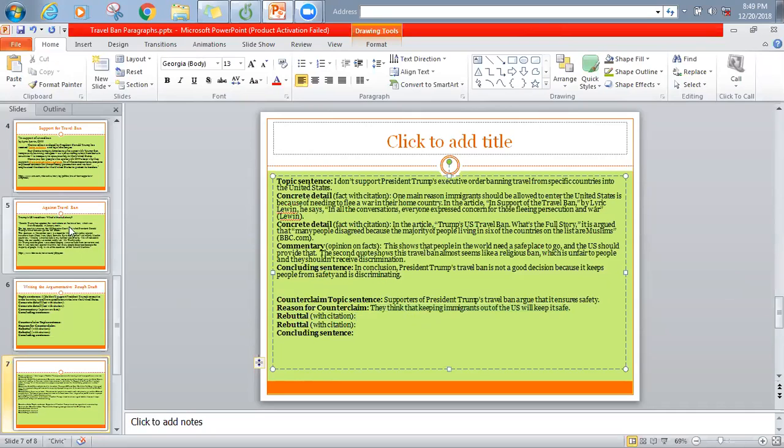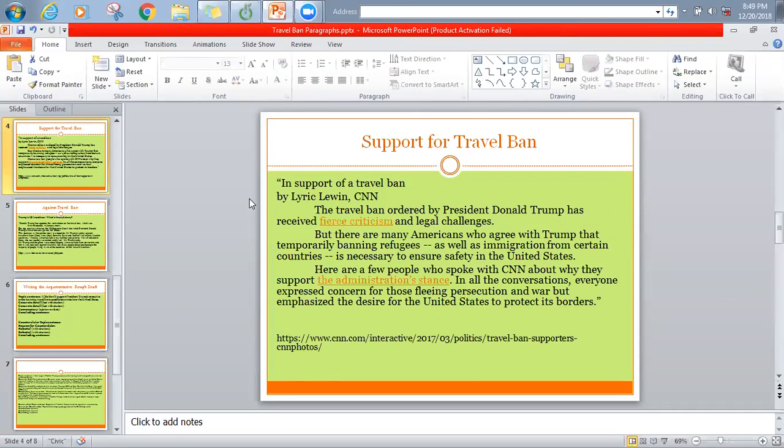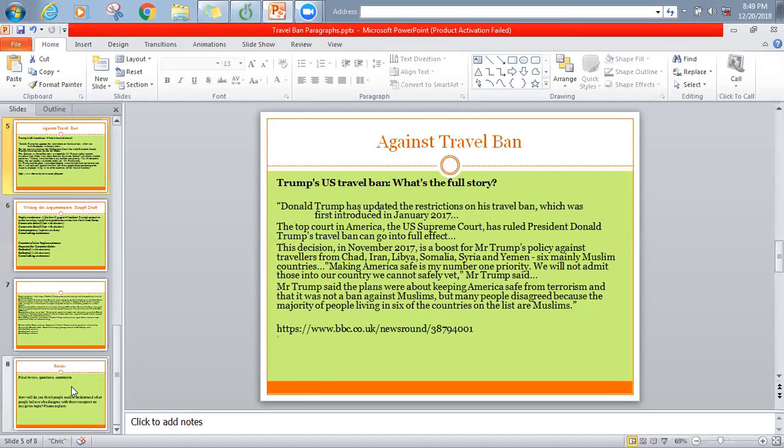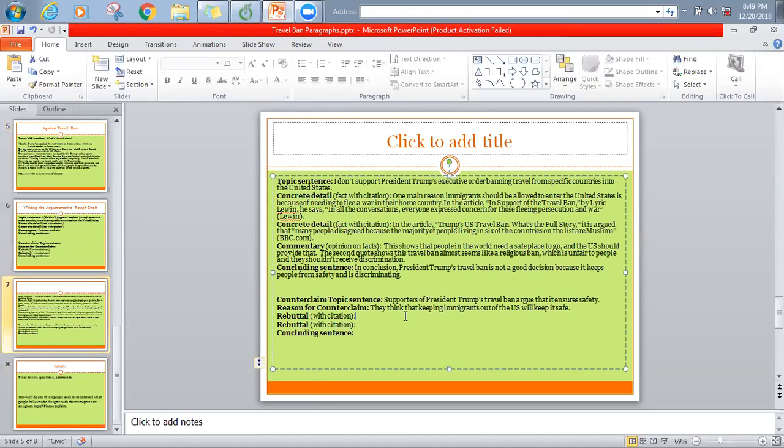This is going to be tricky because I don't know that I have a perfect source for this. Let's see. Okay. So what we want to think about here is how we would argue against that specifically.